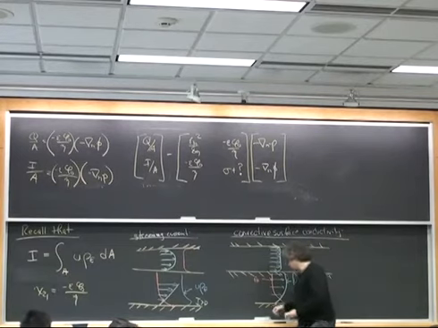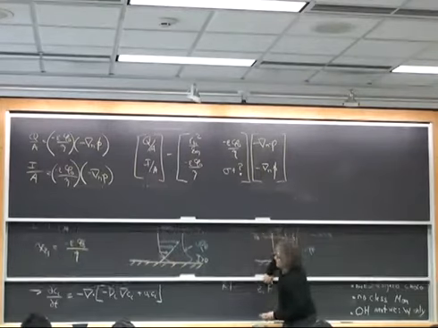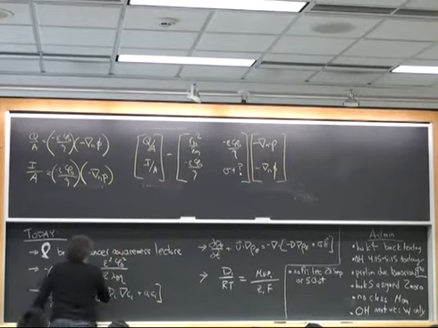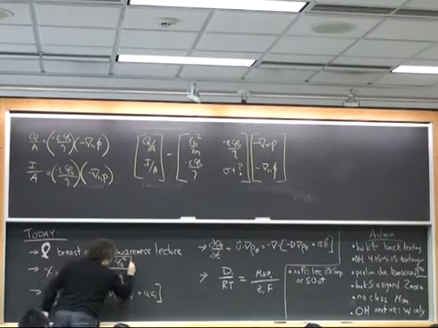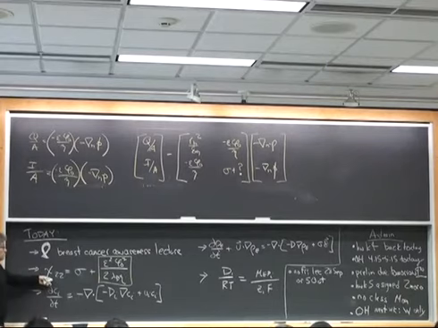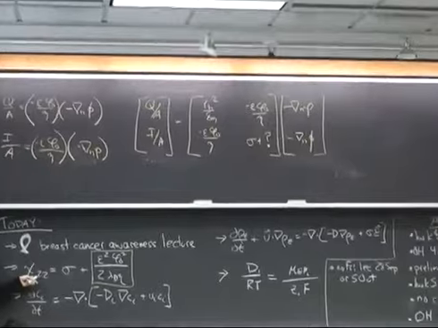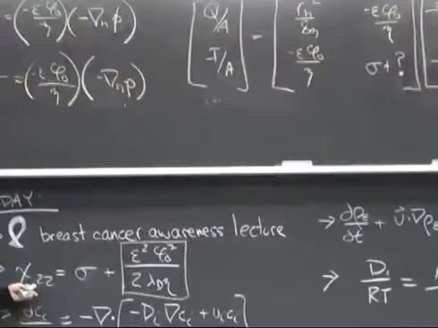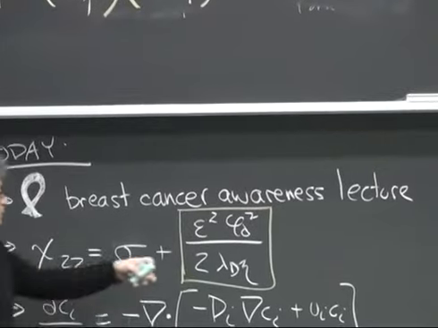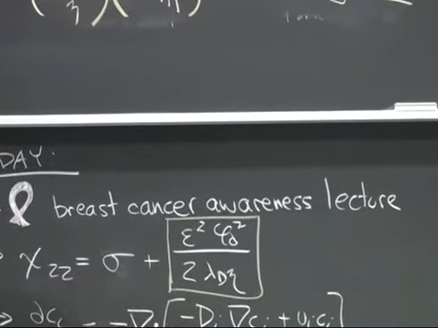And when we do that, we find that it generates a correction term to this chi22 equation. Remember, chi22 is telling us how much current we have normalized by the electric field that's being applied.